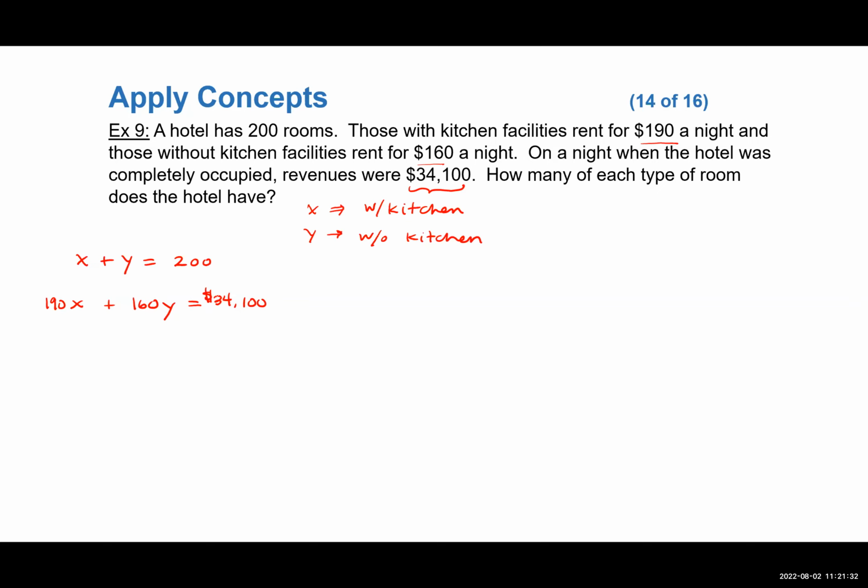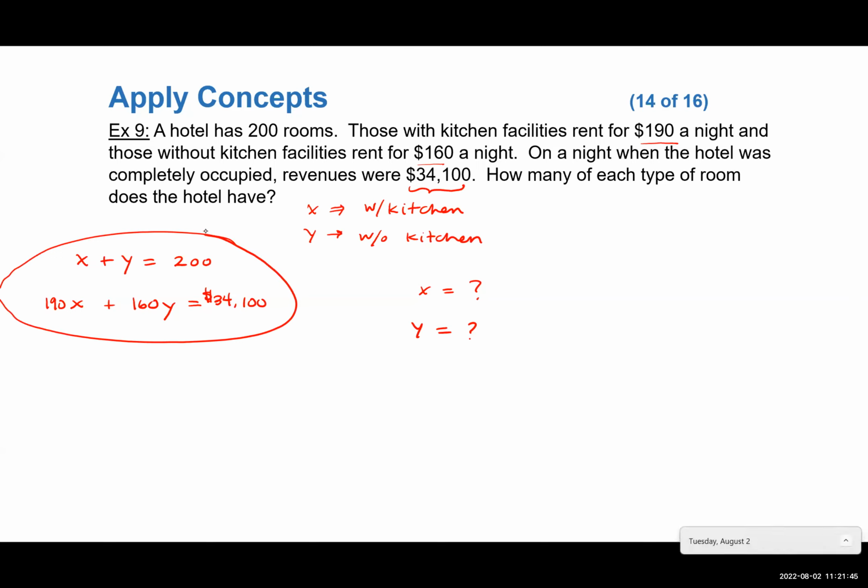The question is, how many of X, how many of Y do we have? Well, we got a system of equations. All we gotta do is solve it. So, questions? Yeah, go ahead.